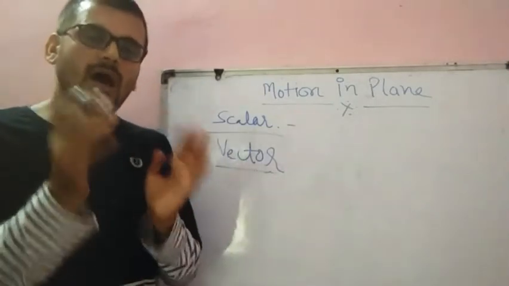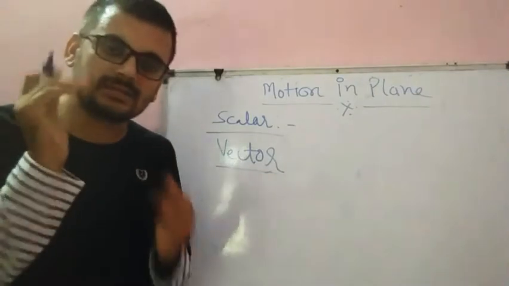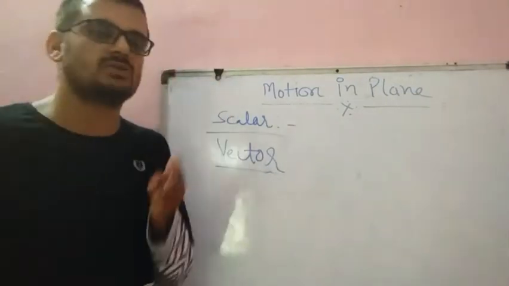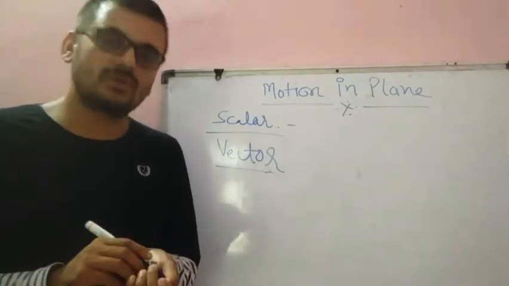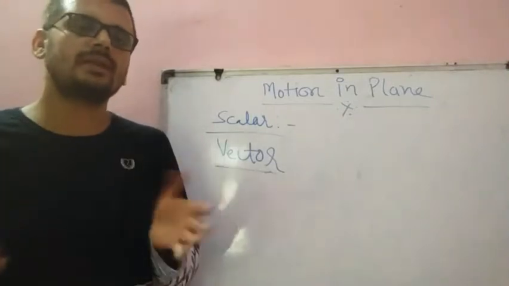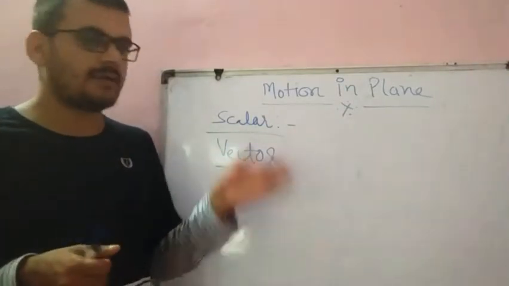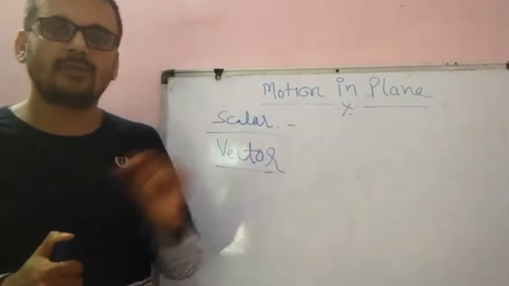Now to represent this velocity I have to describe the direction also, meaning in which direction the velocity is 30 km per hour. And like force, like pressure. There are so many physical quantities like velocity, acceleration, angular momentum, linear momentum.